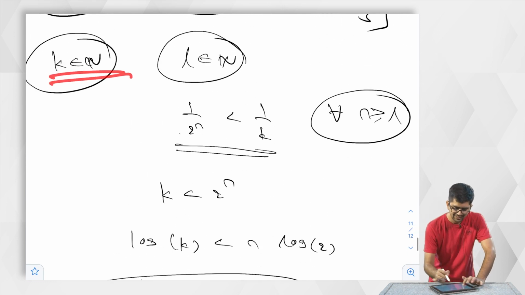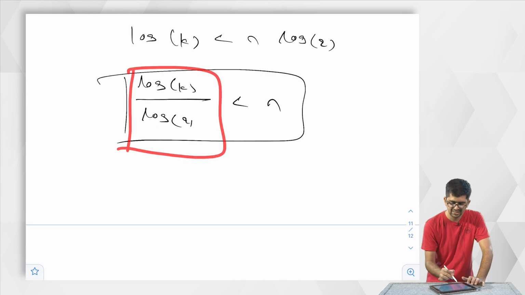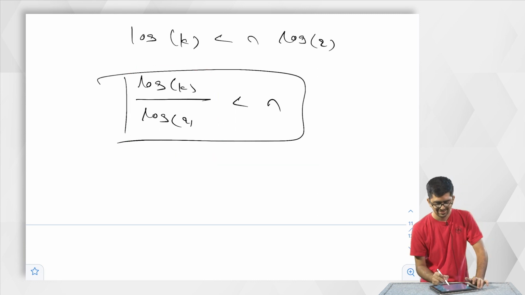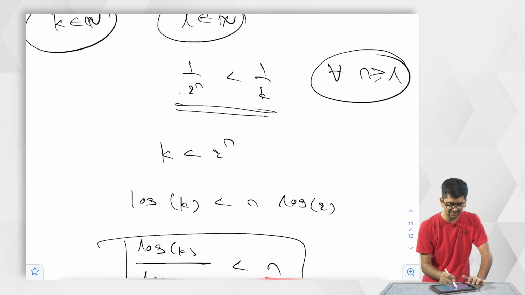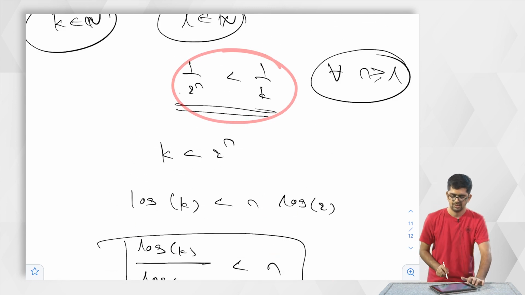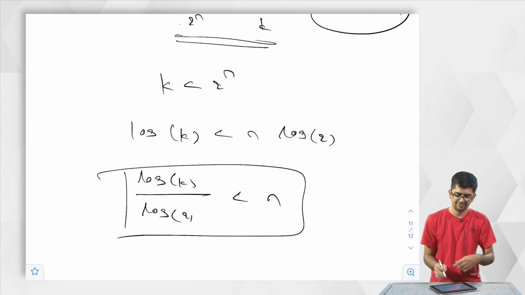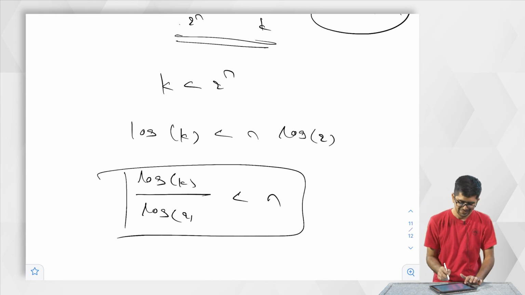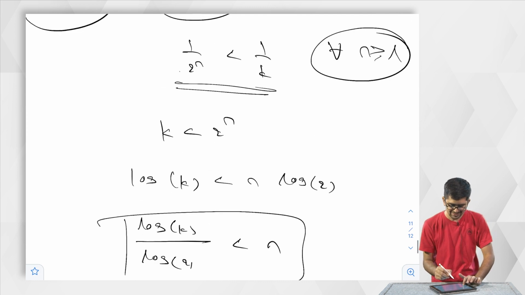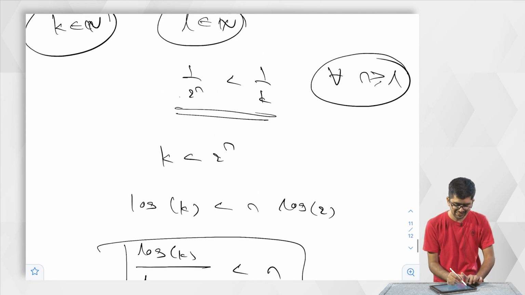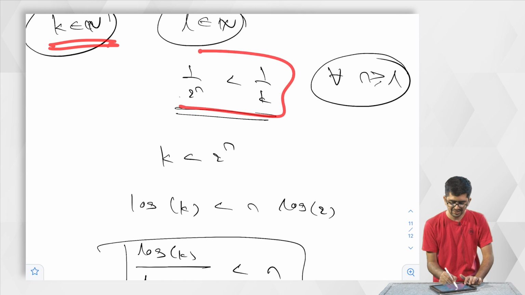Fixing k, we have this element such that whenever n is greater than that, we have this inequality. Here we are using that log is an increasing function, that is why we can just go back and forth. So this says for every k belongs to N, we have this condition.